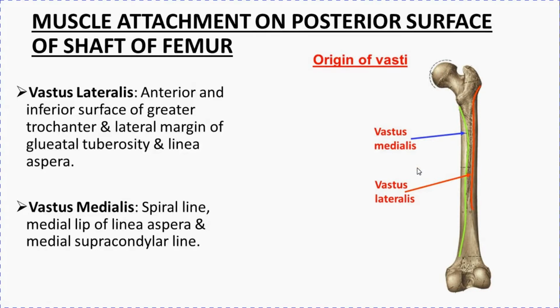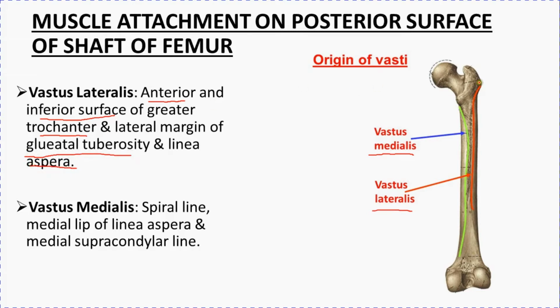Now we have two more vasti, vastus medialis and vastus lateralis. The vastus lateralis arises from the anterior and the inferior surface of the greater trochanter, the lateral margin of the gluteal tuberosity, and the linea aspera.